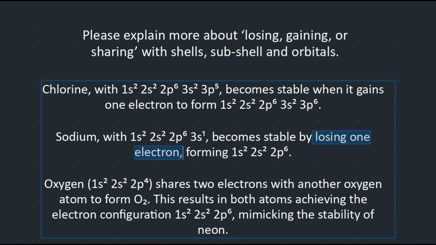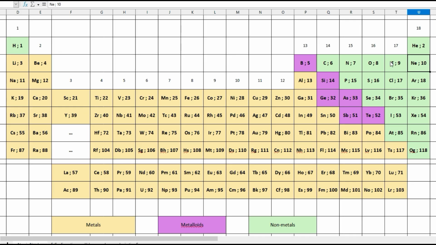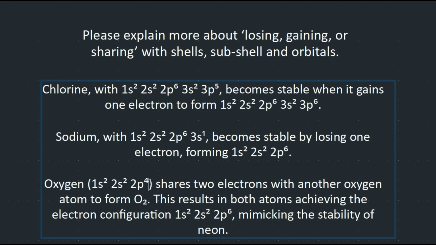Okay, guys. Last example, last scenario, oxygen. Oxygen configuration is 1s2, 2s2, 2p4. Right, so oxygen is somewhere over there, yeah, over here. Helium, lithium, beryllium, boron, carbon, nitrogen, oxygen, right? It's over here. Now, oxygen has this particular configuration. It shares 2 electrons with another oxygen to form O2. So basically what it does is, it will talk to the other oxygen and say, we will share 2.